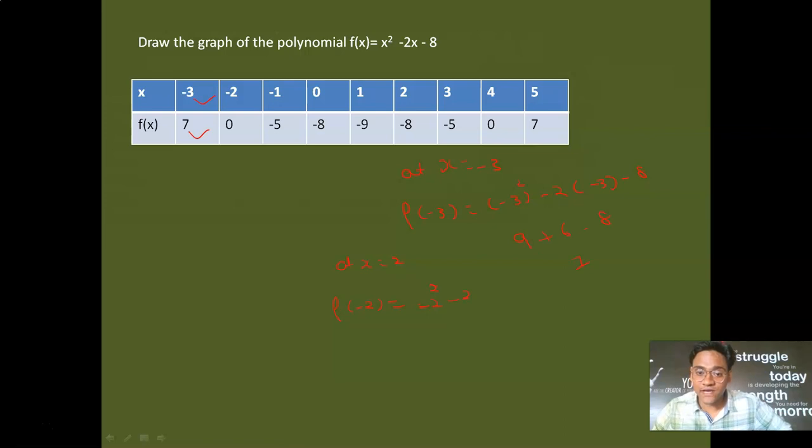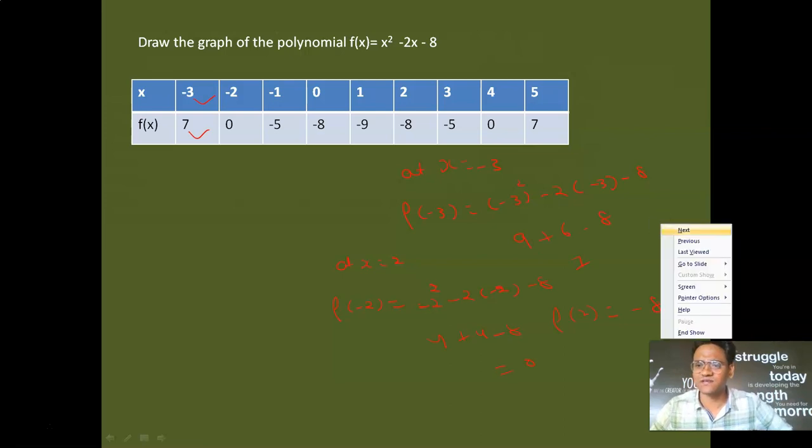It's -2 into -2, which is +4, and -2 times -2 gives +4, and it's -8. So it's going to be 0. At x is equal to 2, if you check, you will get -8. Clear, students?